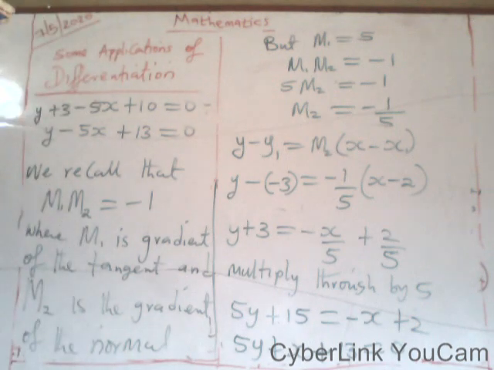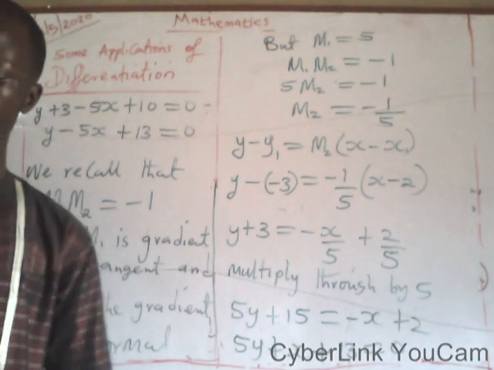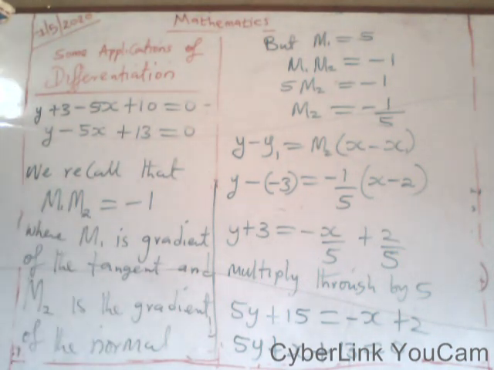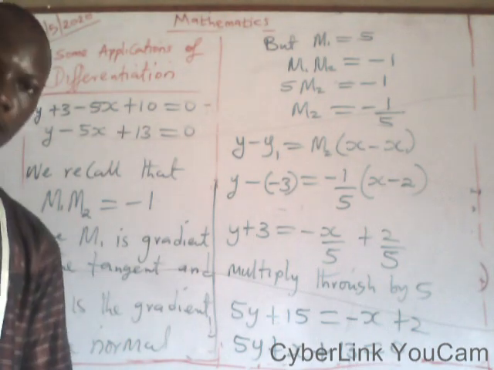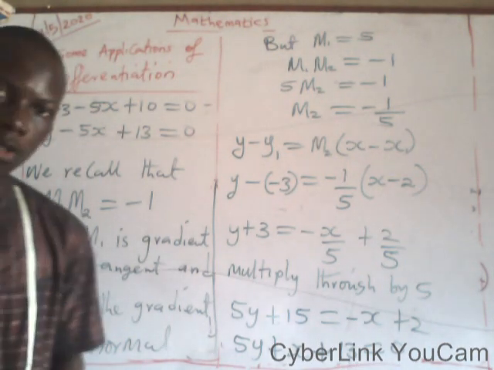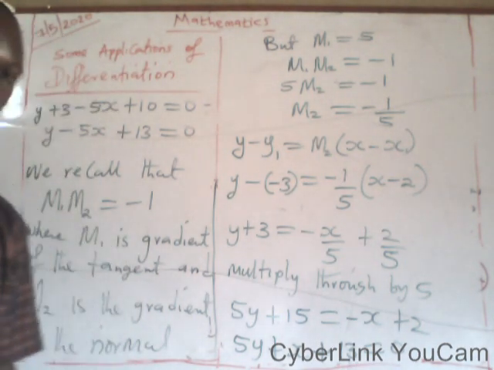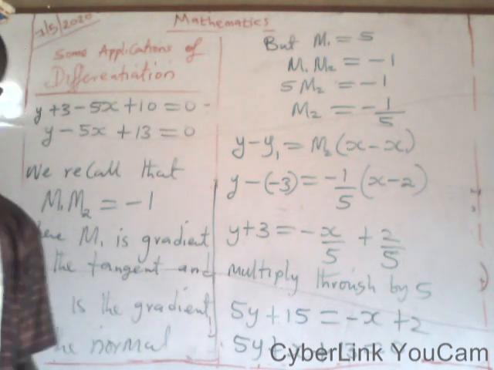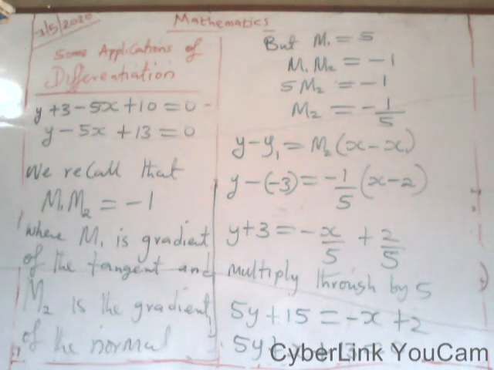So the next thing now is to give you a very little assignment. However, the assignment will still be written on the portal for you in case you are not able to write this as quickly as possible, inshallah.